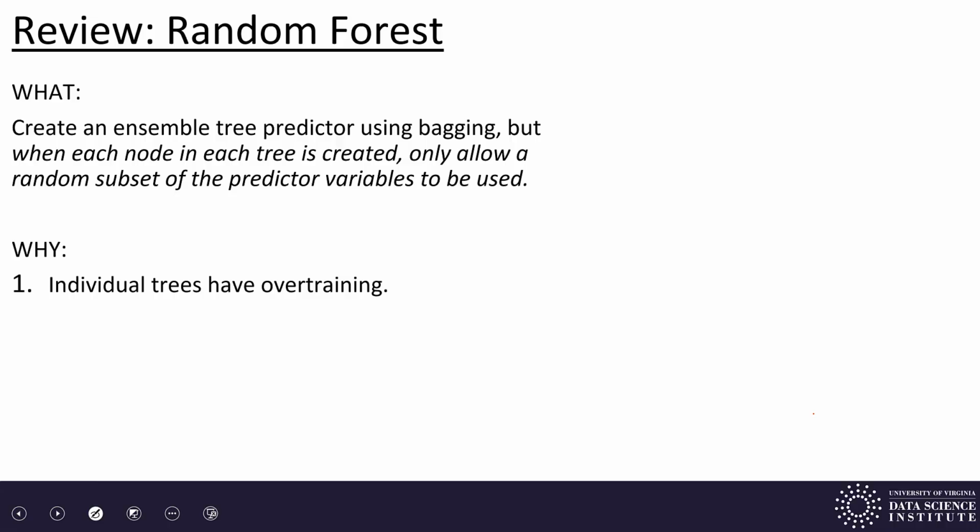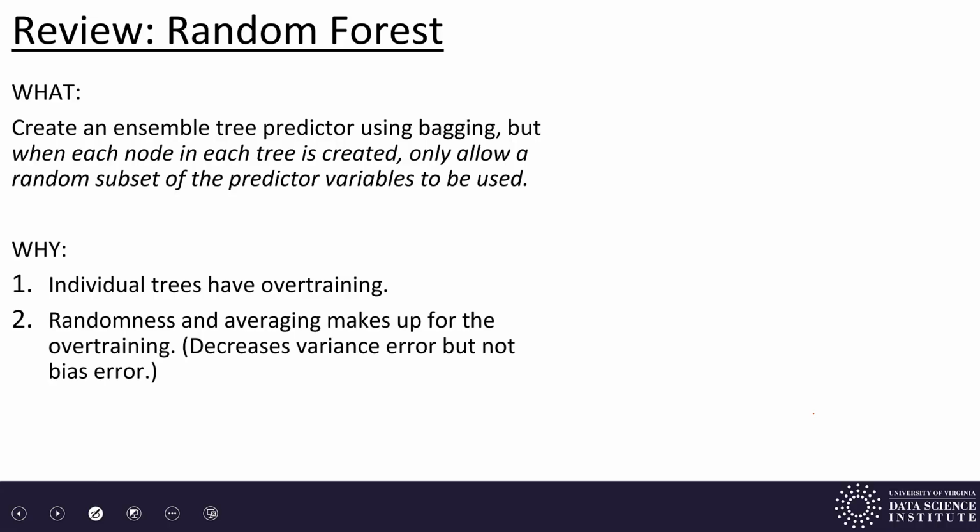Individual trees have overtraining, but then we take the average using the randomness, which makes up for the overtraining, at least in large part. To say this in statistical terms, we decrease the variance error, but we don't affect the bias error. We're not injecting any bias into the system by assuming that the relationship between x and y has any specific structure, but we decrease the variance error by taking the randomness and the averaging.